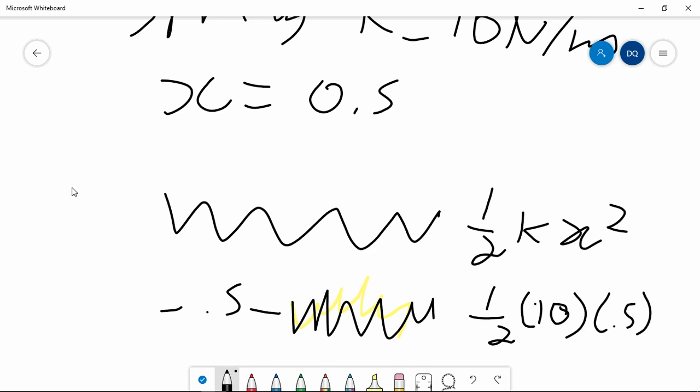And when you square a half, you get 0.25. So that ends up being 0.25 times 10 is 2.5 divided by 2. So it's 12.5 joules. So you've got 12.5 joules of potential energy. Let me just run that through my calculator and make sure. So I've got a half of 10 times 0.25.